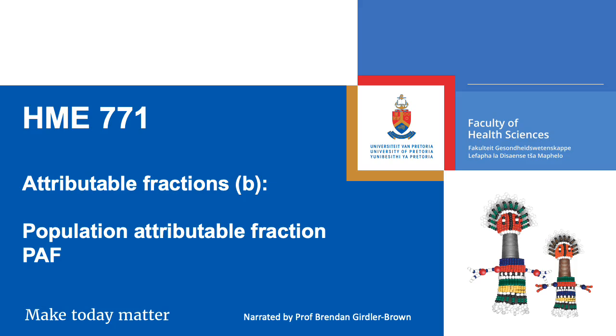In the previous video, we examined the attributable fractions in the exposed group. In this video, we're going to look at the attributable fractions in the whole population, exposed and unexposed together. We call these the population attributable fraction, and for when the risk ratios or odds ratios are less than 1, we'll be looking at the preventive fractions for the population.